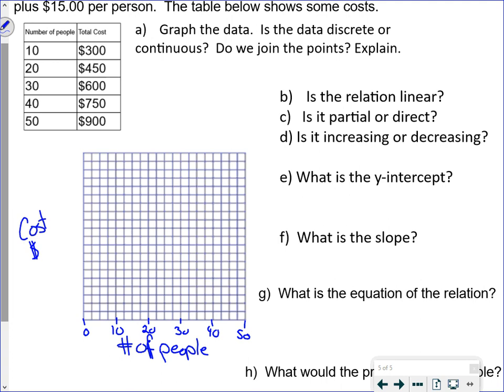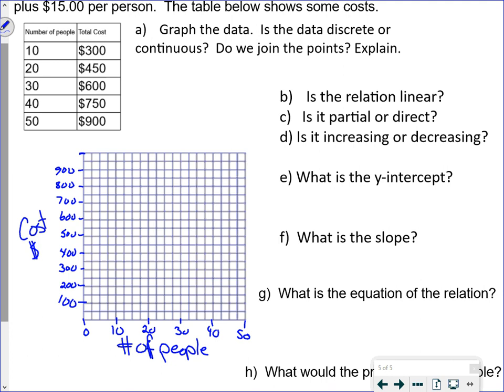So I'm going to say that every line is going to be $50. So for the second line, we'd have $50, $100. If it doesn't get to the very top of the graph, that's okay, as long as it uses quite a bit of the graph.